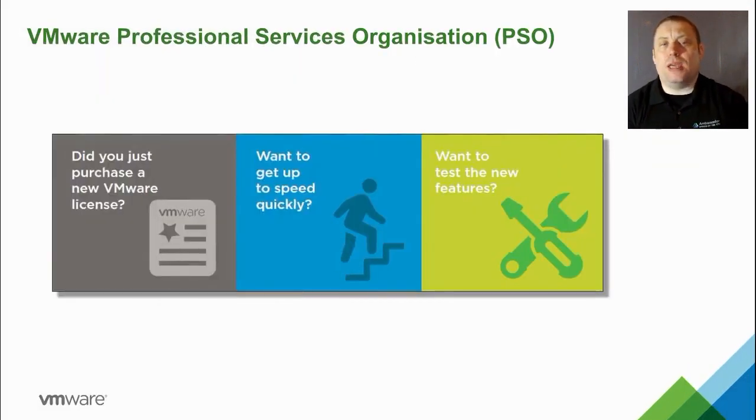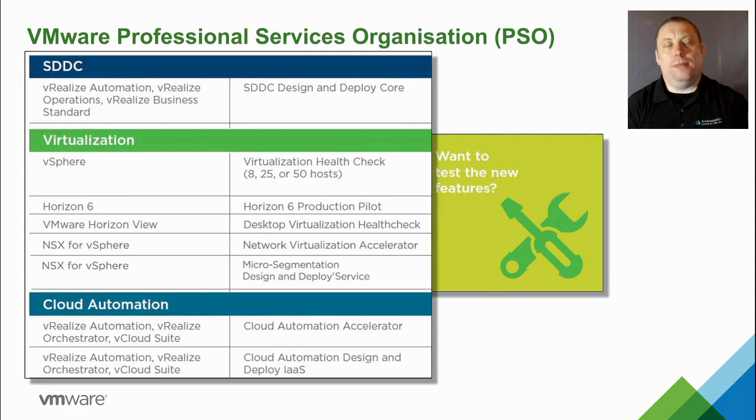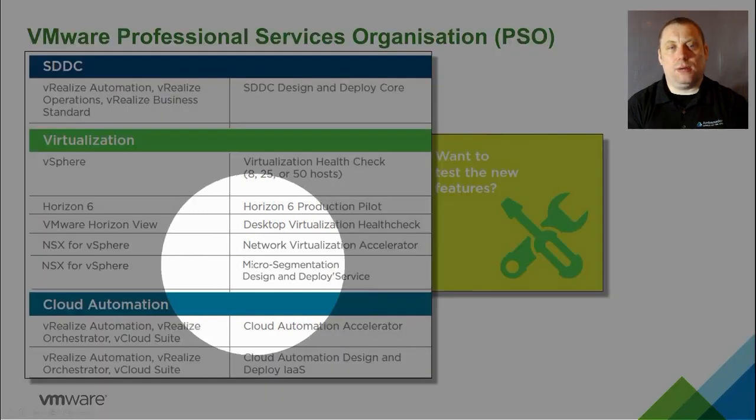Next thing I want to talk about is VMware professional services. So using VMware engineers, project managers, programmers, technical staff to help you deploy the software that you've bought. So you can use professional services for most things, but there are some pre-packaged or kind of pre-built services like here.